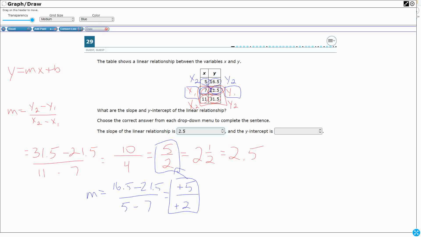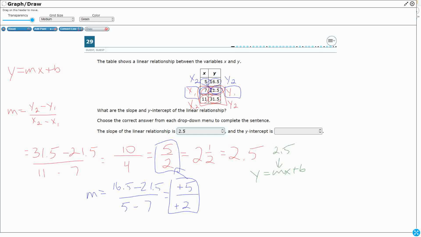Now we need our y-intercept. Well, we've got y equals mx plus b. We know that m is our 2.5, and we can substitute the y and the x with anything we want to. So let's do those again. So let's make y 16.5. Let's make our m the 2.5.